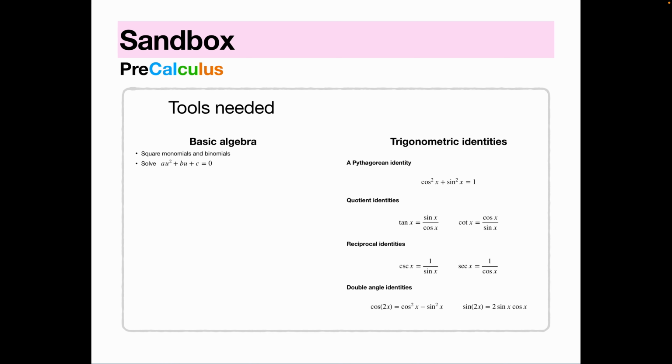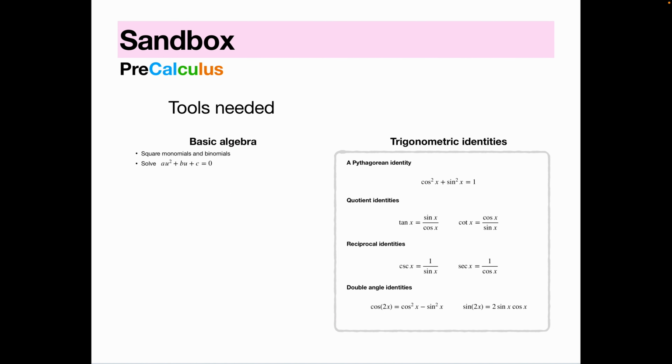So basic algebra. On the trig side, we have the Pythagorean identity, the form stated with cosine and sine. We'll need the 2 quotient identities to swap out tangent and cotangent for sines and cosines. Same thing on cosecant and secant, use reciprocal identities.